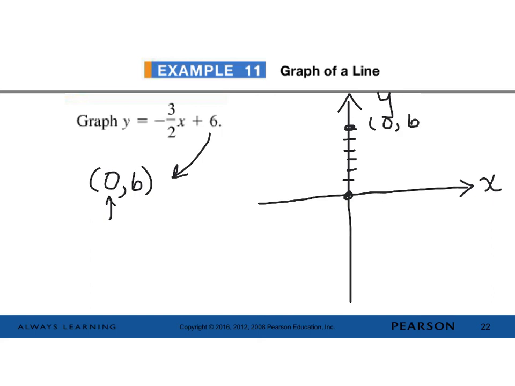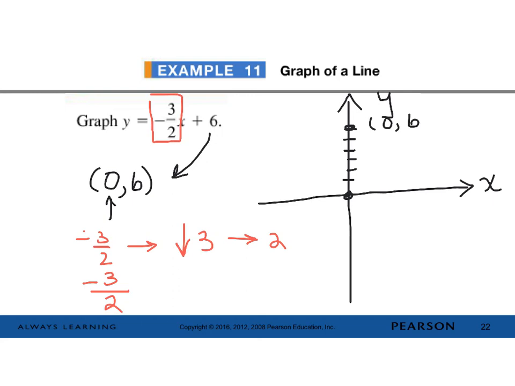Then we're going to use the slope. And what the slope, -3/2, tells us is that from the point 0, 6, we're going to go down 3, and then we're going to go right 2. Because I kind of arbitrarily assign the negative sign always to the numerator when I'm going to use the slope to graph.